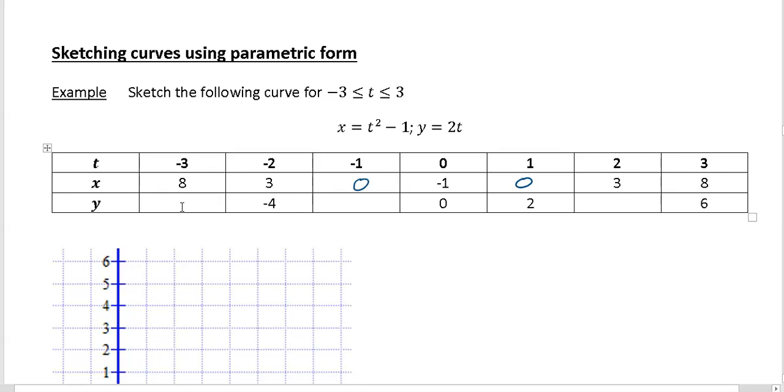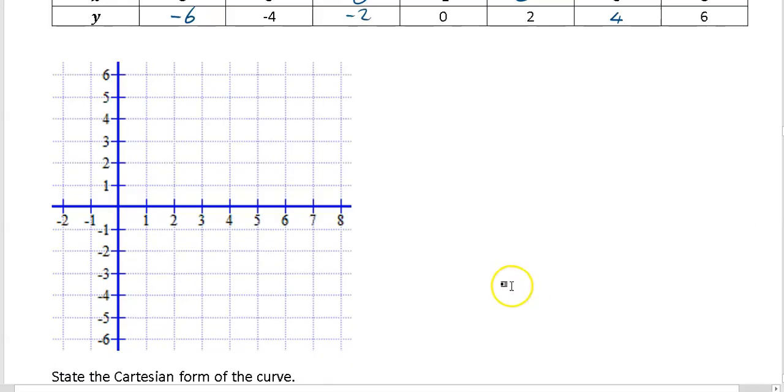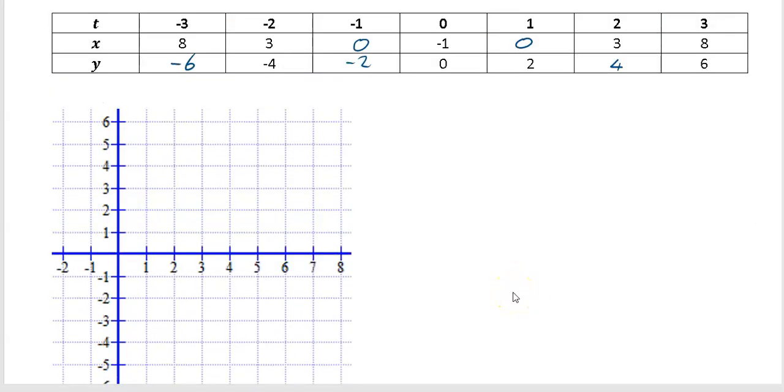When t is equal to minus 3, 2 times minus 3 is minus 6. When t is equal to minus 1, 2 times minus 1 is minus 2. When t is equal to 2, 2 times 2 gives you 4. So when we draw our graph, we're actually looking at these pairs of things.